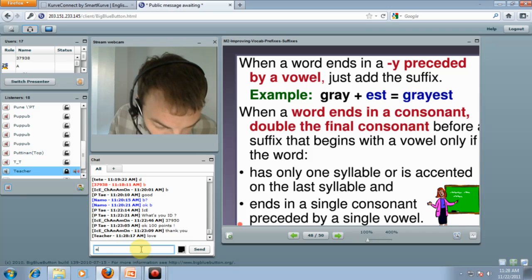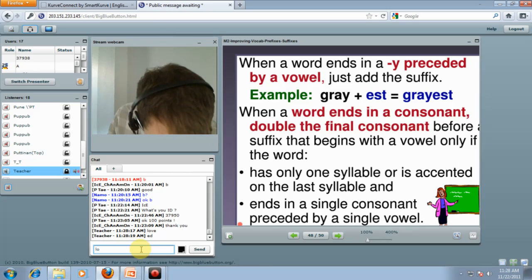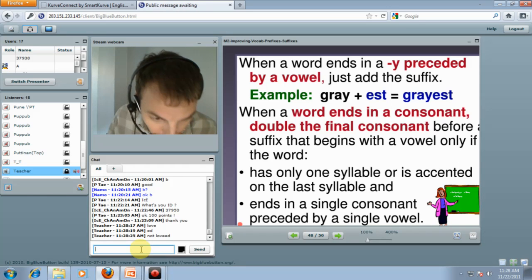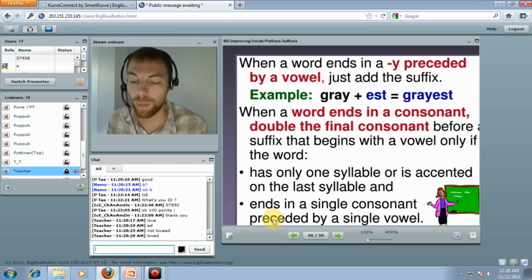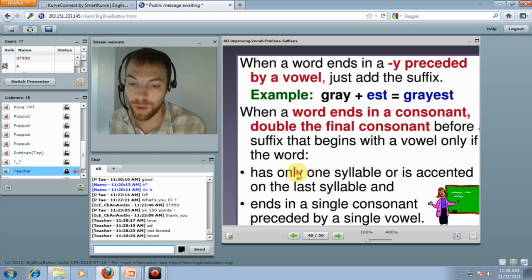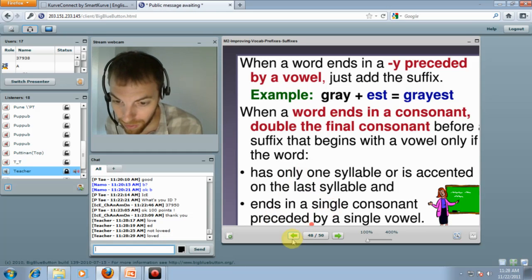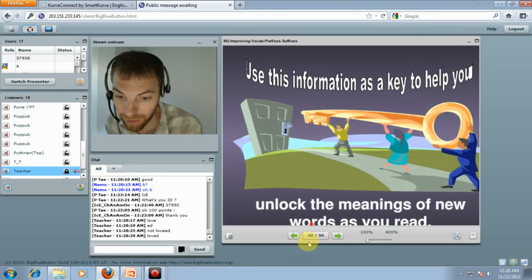It's not lovid, it's loved. So it's important to remember English does not like to have E next to other letters. Oh, let's go back, sorry.